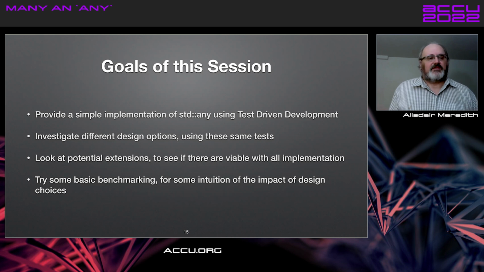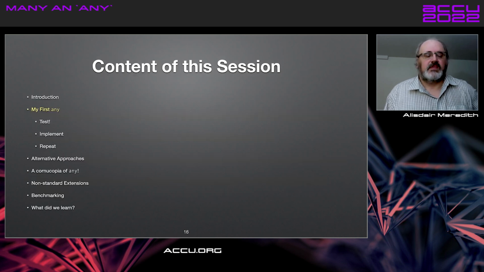I'm going to talk about some of the things I was thinking there, but I don't actually have results to share, I'm afraid. So again, heads up. So moving on, my first any implementation, with the notion being test first, then implement, and repeat until we actually have a full implementation.